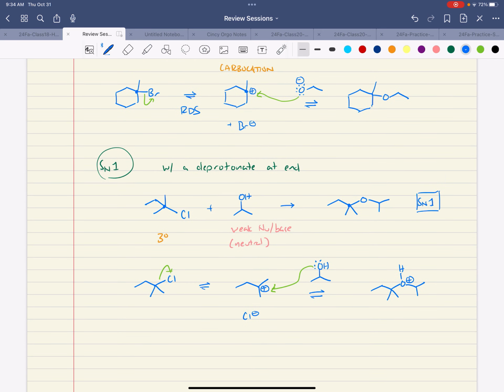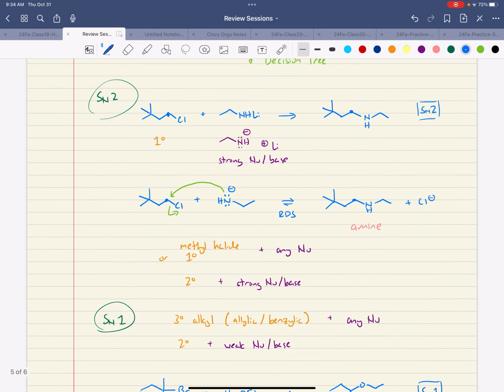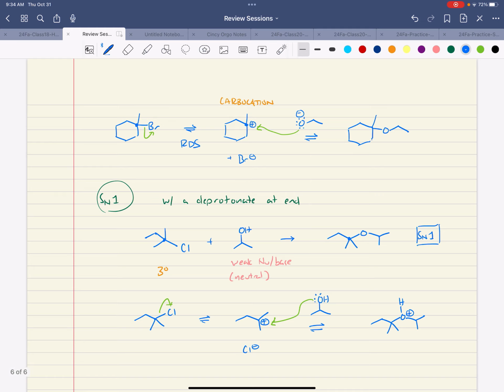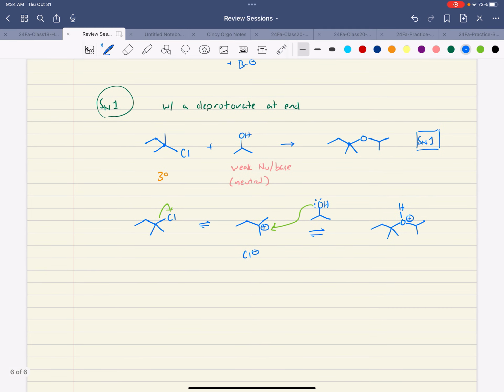And so with the SN1 on the first page, or here at the top, you notice that it's only 2 steps. Here, we have to add a third step. And you could use another alcohol. I'm going to use the Cl- to strip off this hydrogen, or technically that proton.